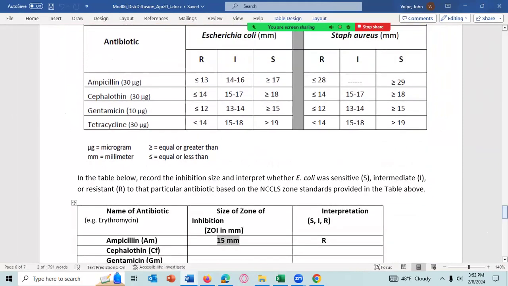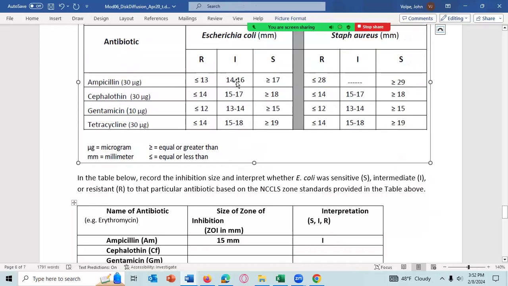Come and take a look at that at the table. I'm surprised I have that up there, but well, that's not right. It's intermediate. 15 millimeters is intermediate.